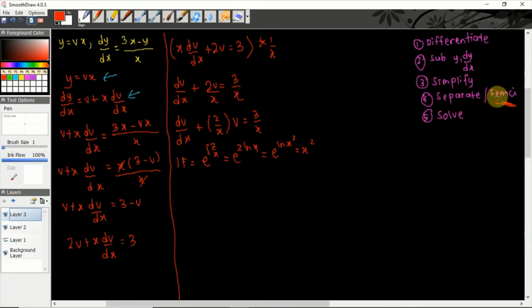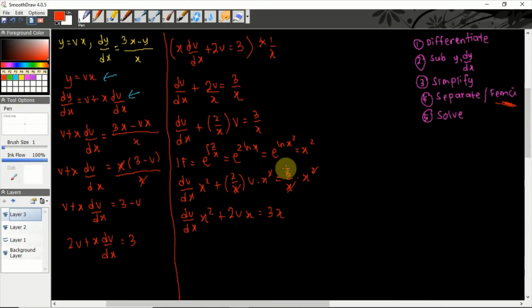So we've done F and E. M is multiply everything by our integrating factor, so it becomes (dv/dx plus 2 over x times v) times x squared equals 3 over x times x squared. So this one cancels, this one also cancels, and it becomes dv/dx times x squared plus 2vx equals 3x.